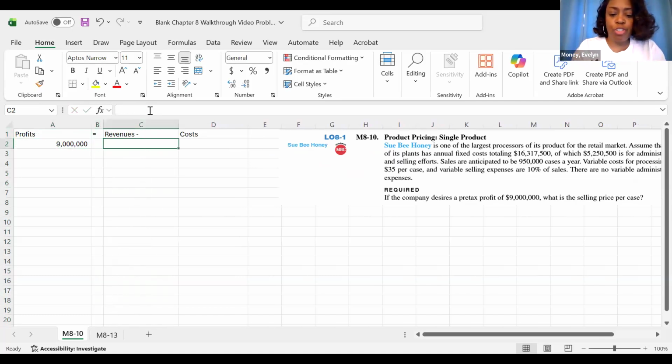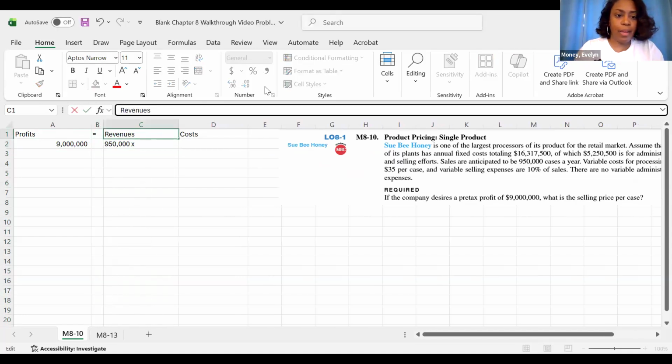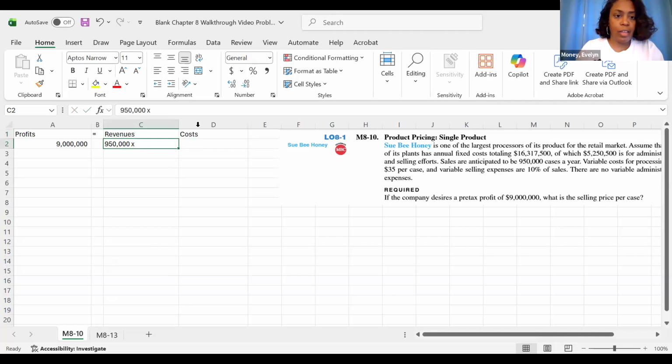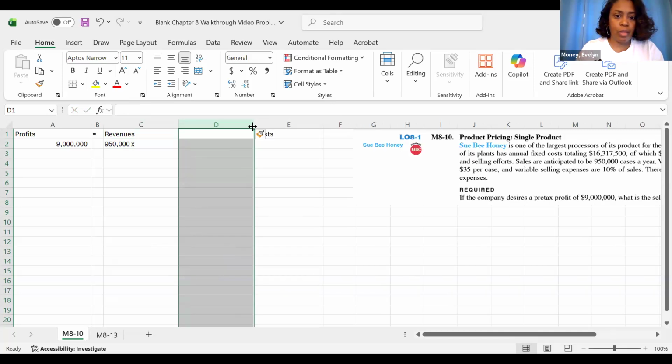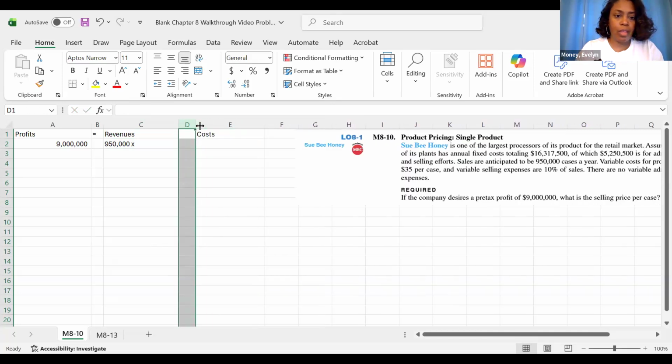So we know that revenue should be 950,000 times X. And let's get rid of that minus there. And I'll just throw in an extra column. And we'll call that minus.